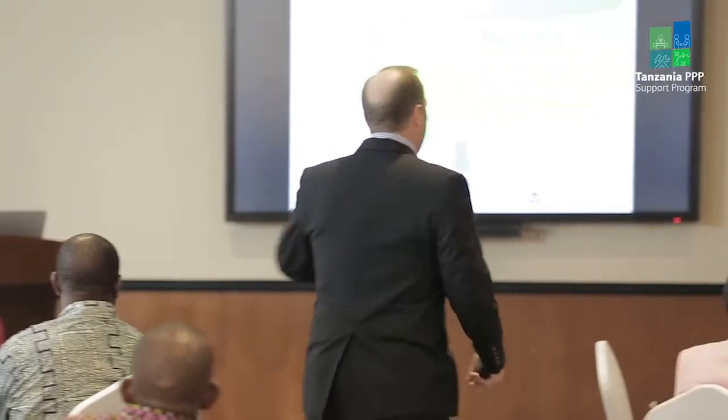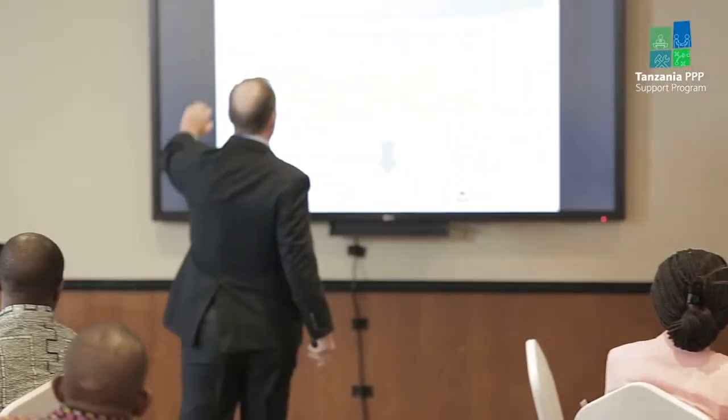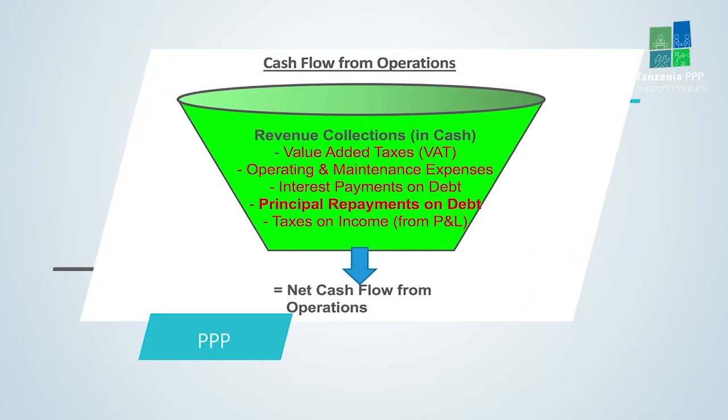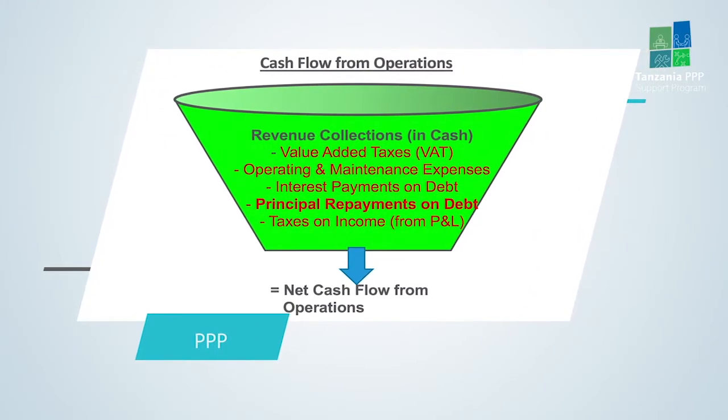Okay, so we pay our VAT tax, and as we pay these, the residual cash flow shrinks, right? So like a funnel, although it's not exactly like a funnel, but it means that we start out with a large amount of money up here. We pay our VAT tax, we pay our operating and maintenance expenses, so that's labor, that's all of our suppliers, if they're supplying us with fuel or water or whatever our key inputs are.